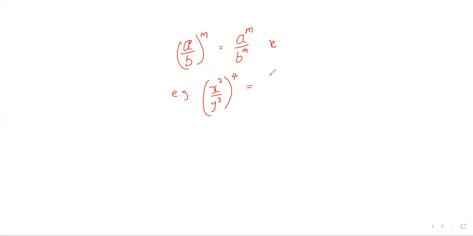This will give us x to the 8, y to the 12, because the 4 has multiplied with the 2 here, and the 4 has multiplied with the 3 here. 4 times 2 is 8, and 3 times 4 is 12.